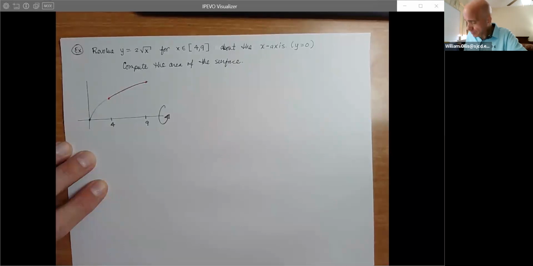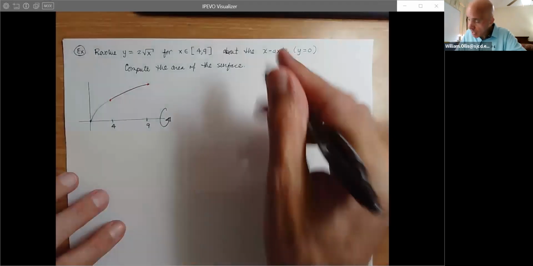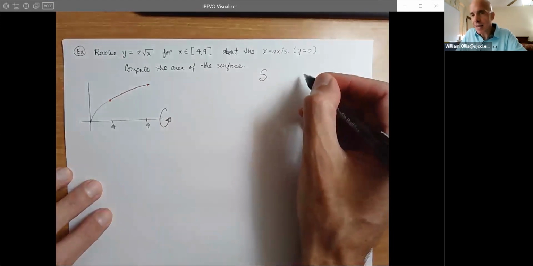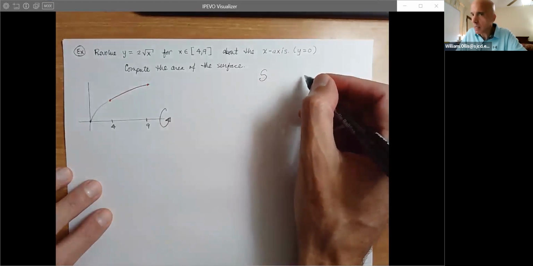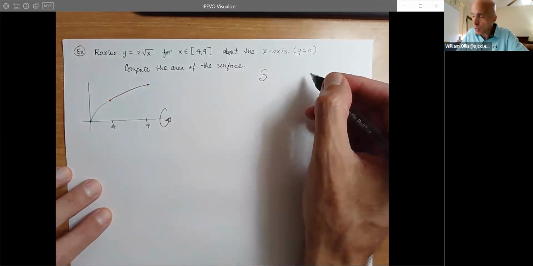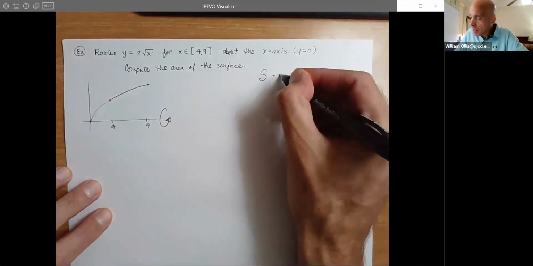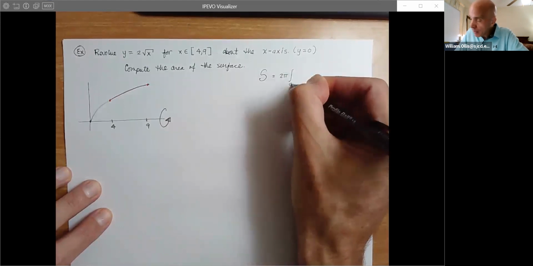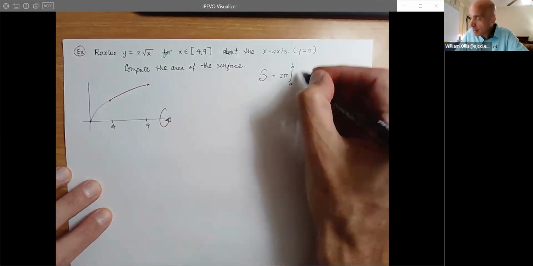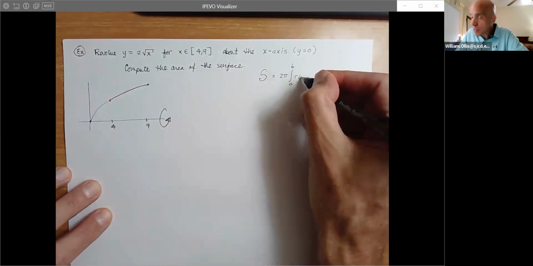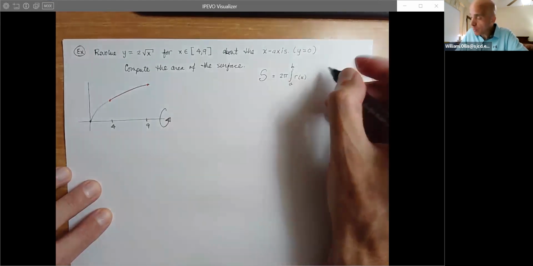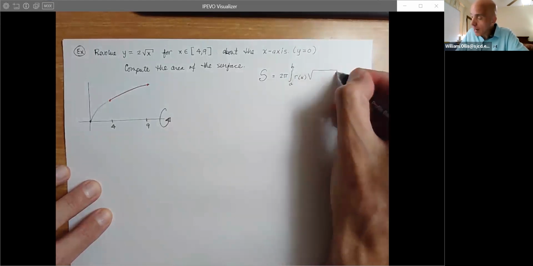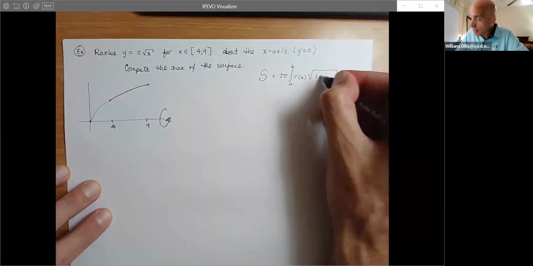So now let's just remind ourselves that they use the uppercase S for area of a surface. Again, convention. Remember, we need 2 pi integral from A to B, and then we have the average radius, the distance to the axis of revolution, and then of course the element of arc length.